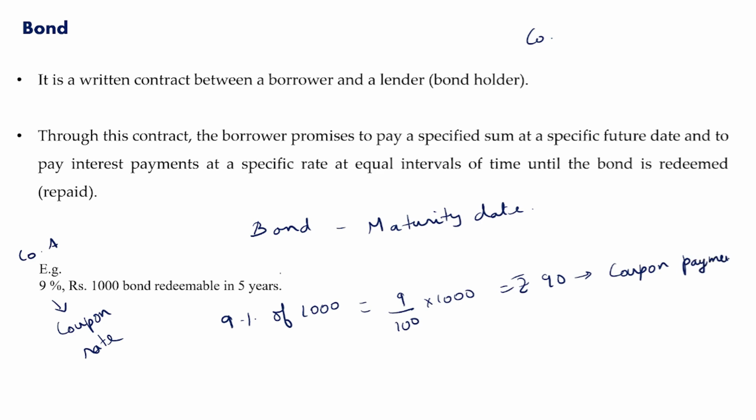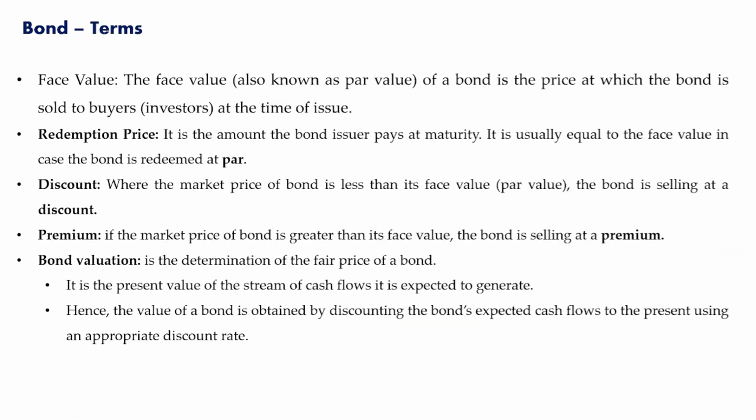Now we will see some of the terms related to bonds. The first one is the face value. The face value, also known as the par value, is the price at which the bond is sold to the buyers at the time of issue. Usually bonds will be written as 8% rupees 1000 bond.